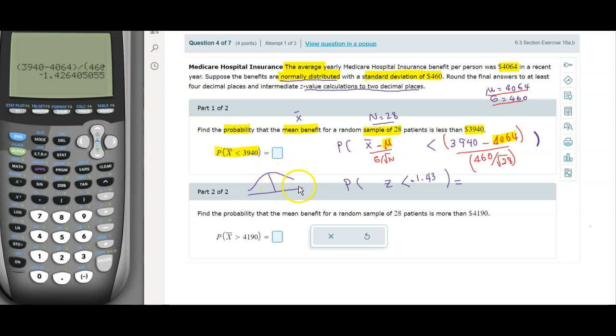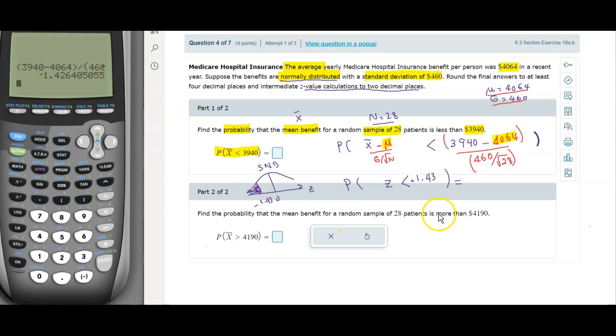So the z axis is going to be here. This is a standard normal distribution. The 0 will be here. Minus 1.43 is going to be somewhere here. If I am looking for z smaller, it will be from the left side, and this is going to be a small tail.